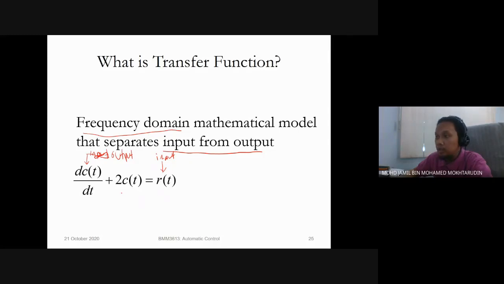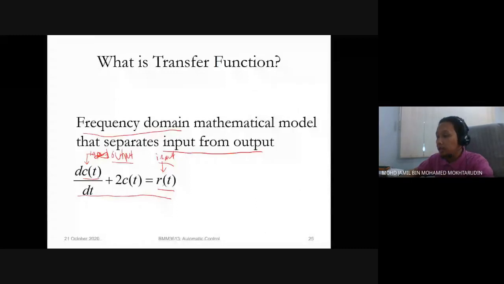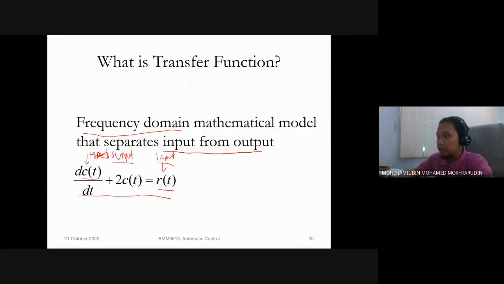In your block diagram just now, you have output and input, so this input and output can be written in a differential equation using C as the output, R as the input. Okay, so you can rearrange this to get the transfer function.